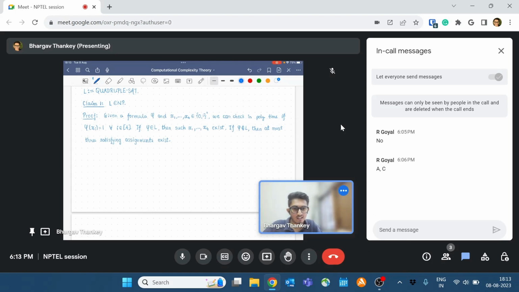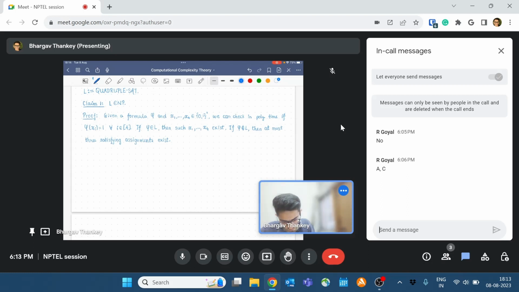Then your algorithm would also be accepting formulas which it should not accept, right? So the algorithm should do two things. It should accept formulas that are in the language and it should reject formulas which are not in the language, so both are required.